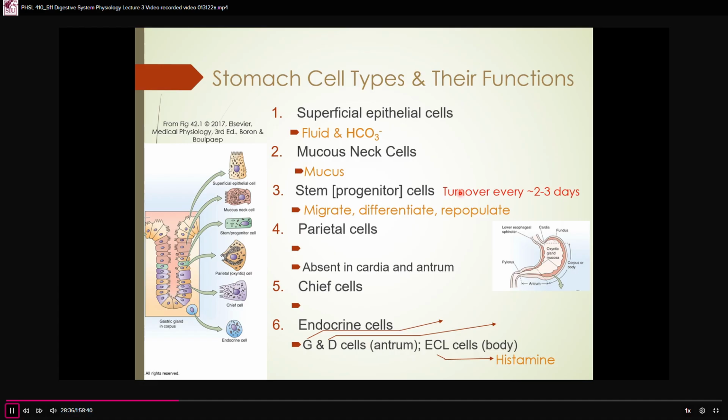Because these cells have such a high turnover rate, they are also susceptible to the injurious effects of cancer therapeutic drugs that are designed to target and remove rapidly dividing cells like cancer cells. A negative consequence of those drugs is that they can't differentiate between a rapidly dividing cancer cell and a normally rapidly dividing cell in the stomach.